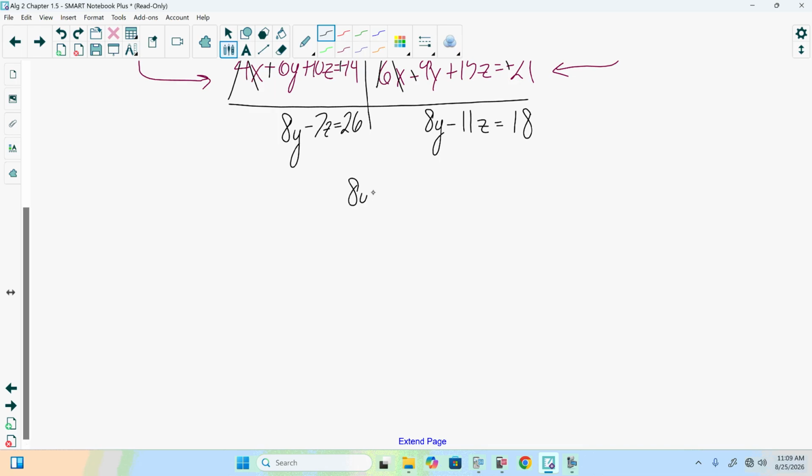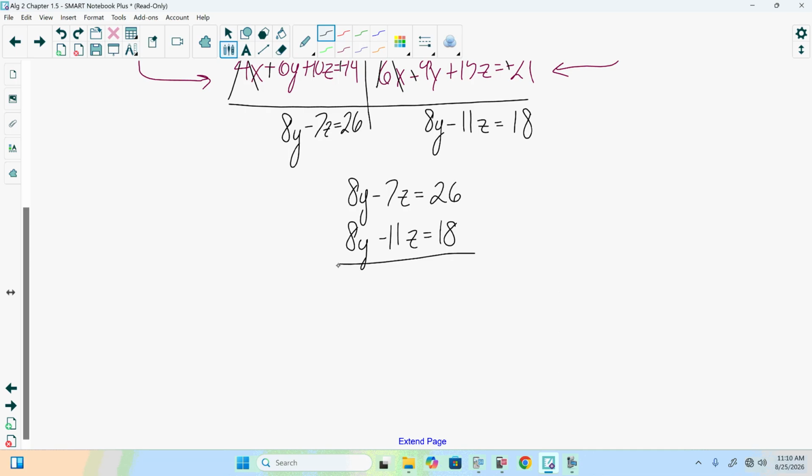And to do that, we're going to take the 2 equations and rewrite them on top of one another so that we can add or subtract them to eliminate the next variable. Now to eliminate it, we need to either add or subtract.